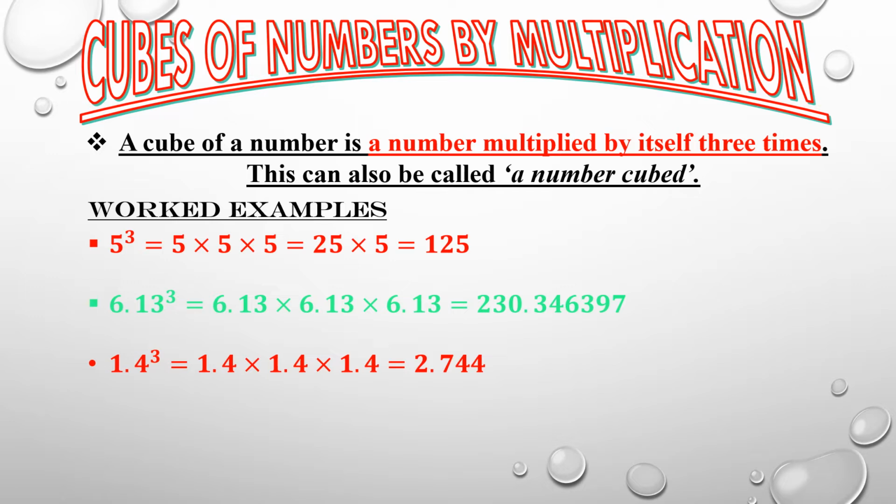Another one is 1.4 cubed. That one means 1.4 multiplied by itself 3 times to get 2.744. 3 cubed again, 3 multiplied by 3 multiplied by 3 to get 27. So that was a very easy task for us to do.